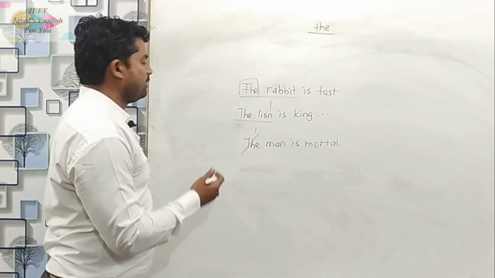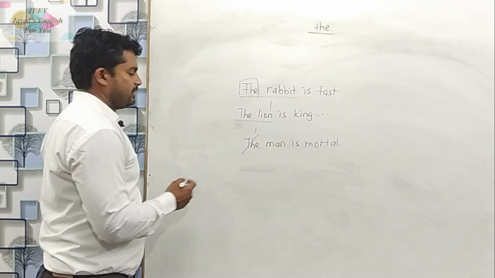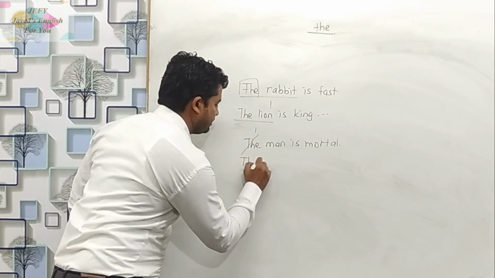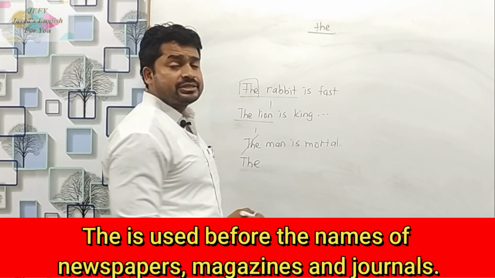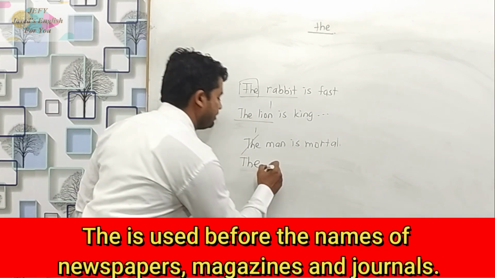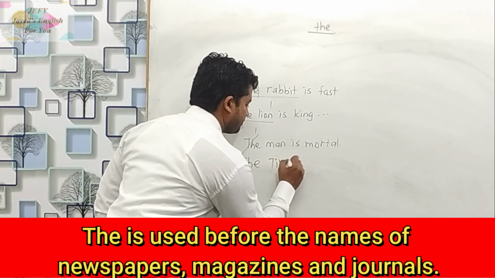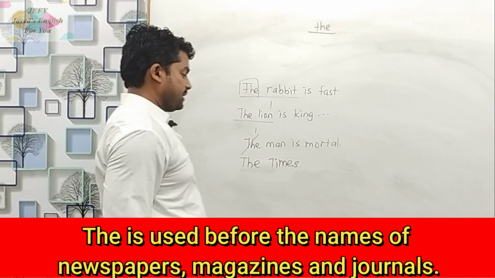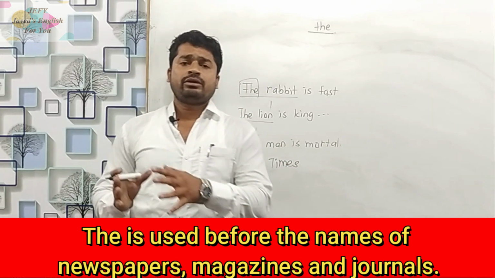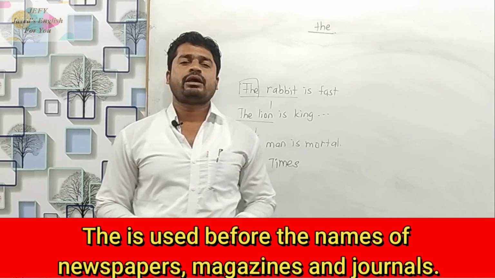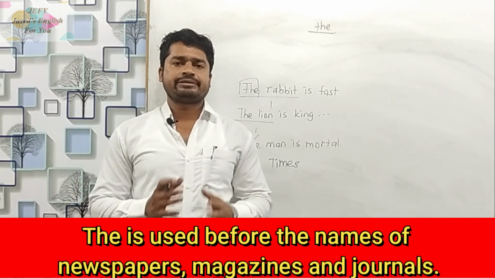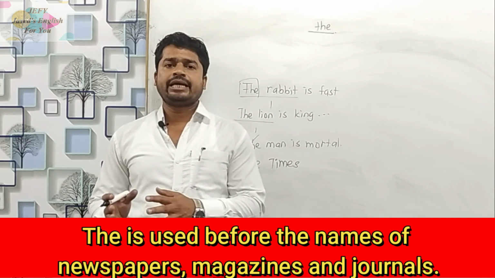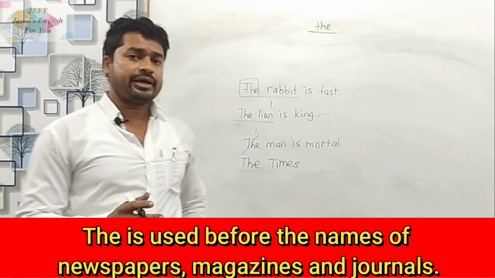The next, the use of the, we can use them before the names of newspapers, magazines and journals, like the Times. Okay, it's a magazine, so we cannot simply say Times, we have to say the Times. We cannot say Asia Express, we have to say the Asia Express. Why?